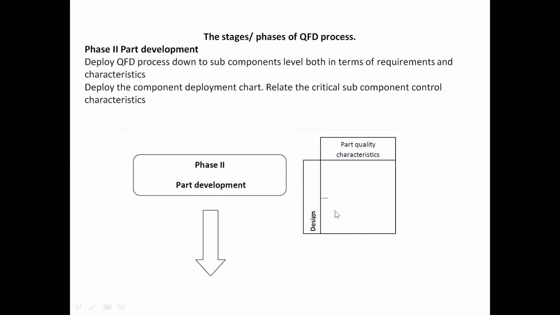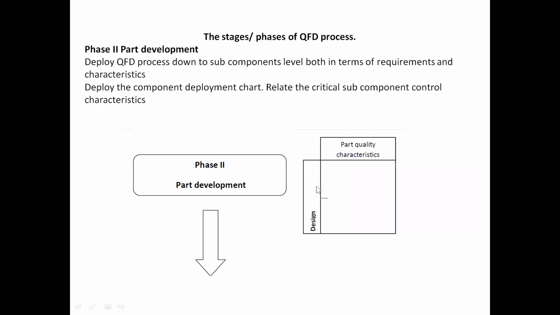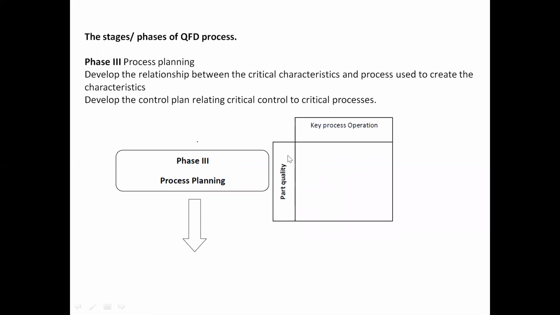Phase 2, part development: from the previous graph, the design requirement comes here, then part quality characteristics. Third stage: the part quality characteristics come here, then key process. Then we go for process planning. Here also you make a house of quality. Develop the relationship between the critical characteristics and the process used to create the characteristics.